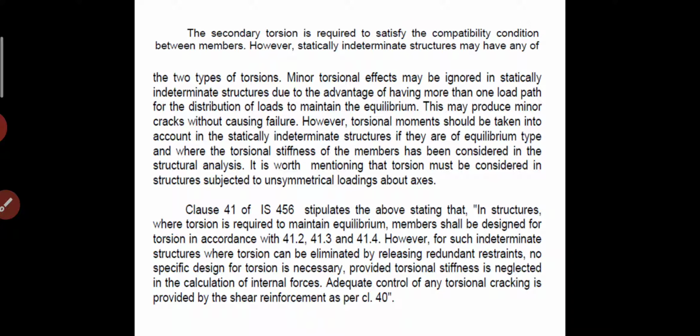Adequate control of any torsional cracking is provided by the shear reinforcement as per clause 40 of IS 456:2000.